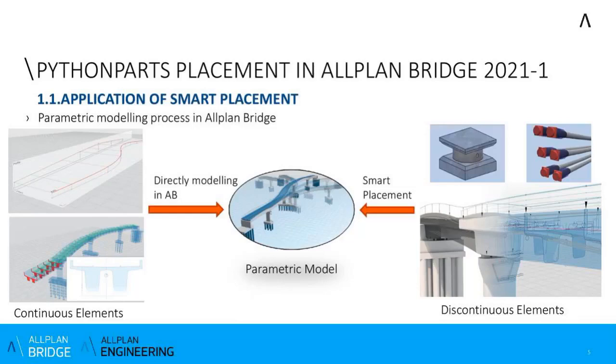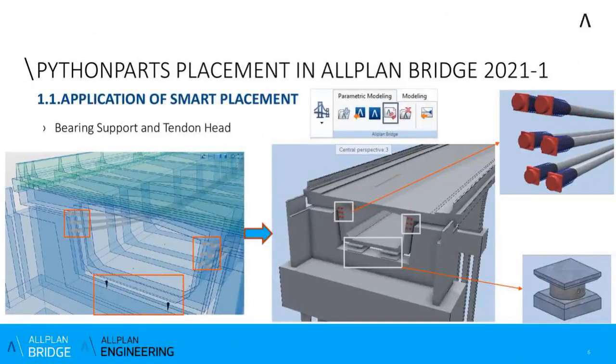It's really easy to understand, right? For example, you usually use smart placement for objects like bearing support and tendon, like this.